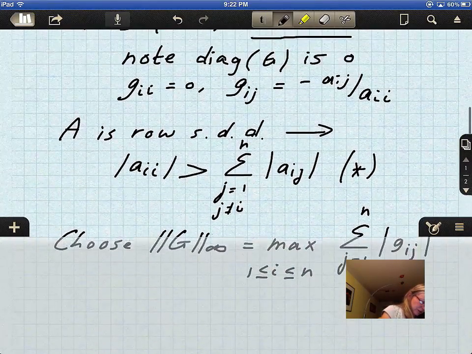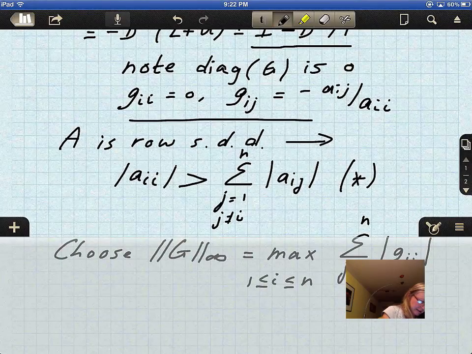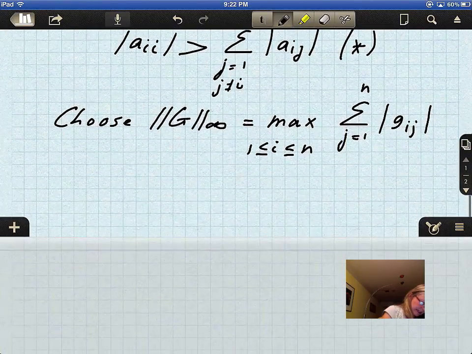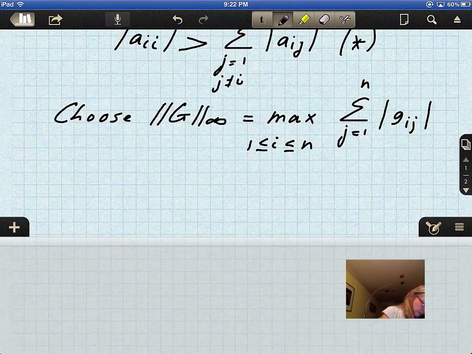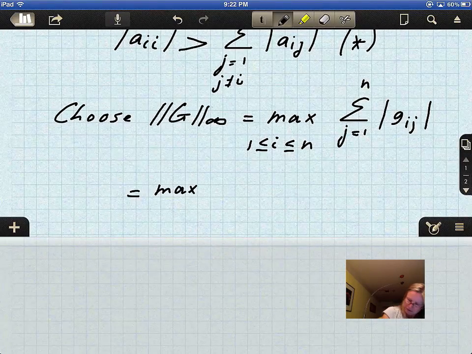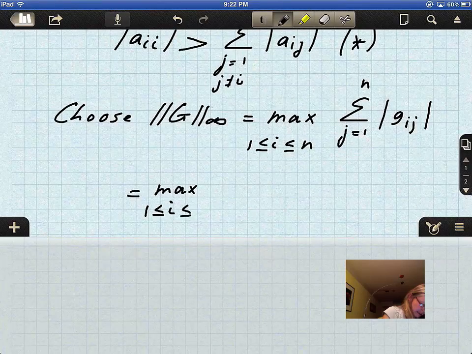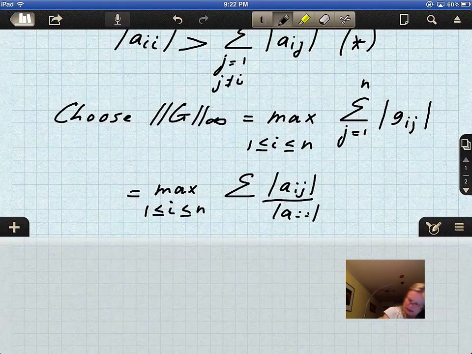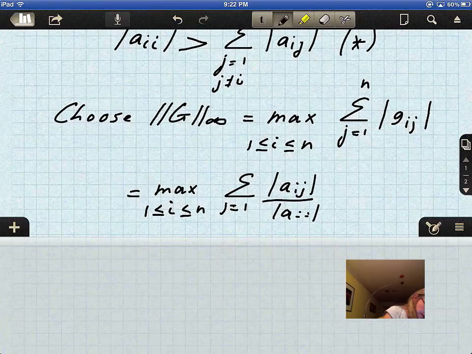Now, knowing what G looks like in terms of A, which was given here, we can readily see that this is equal to the max over all the i's of the sum for j equal 1 to n with j not equal to i of the absolute value of A_ij divided by the absolute value of A_ii.